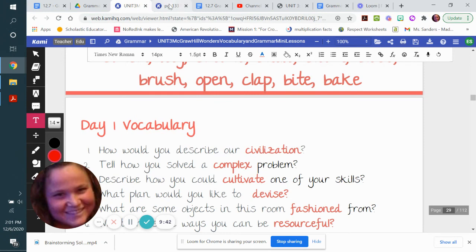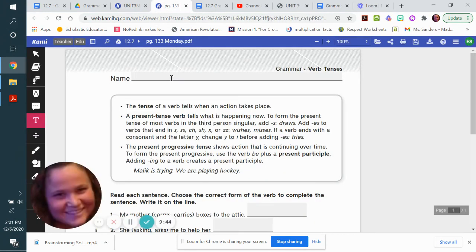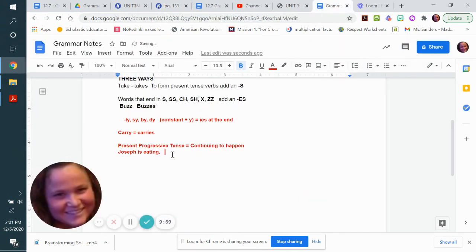Yeah, so I'm going to dive over here to our worksheet that we're doing today. I'm not going to go over all this again because we already know what this is. The only thing that's different is that you add the ing to the end if it's happening and continuing to happen.